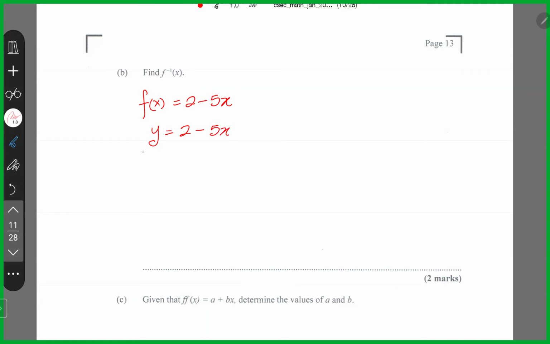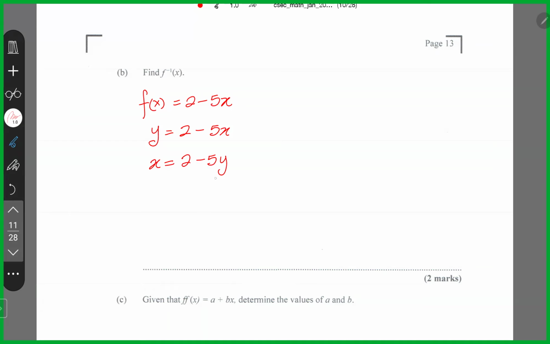Then you're going to interchange x and y. So it's x is equal to 2 minus 5y. Wherever you see x, you put y. Wherever you see y, you put x. The third step is to make y the subject again. So you started out with y as a subject in step 1. In step 3, you're to make y the subject again.